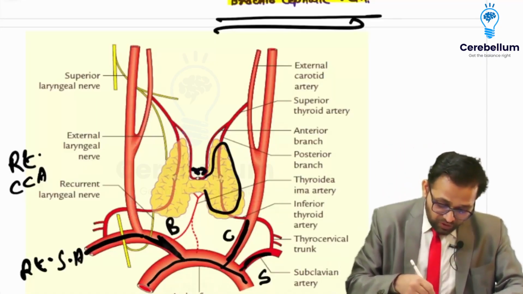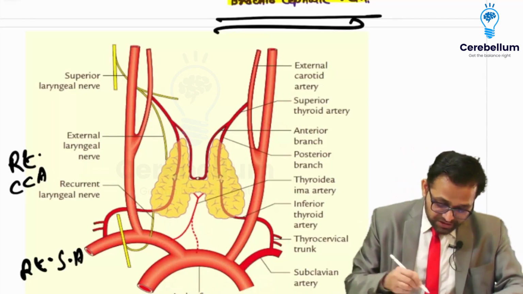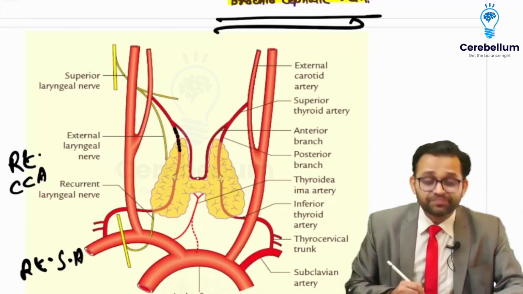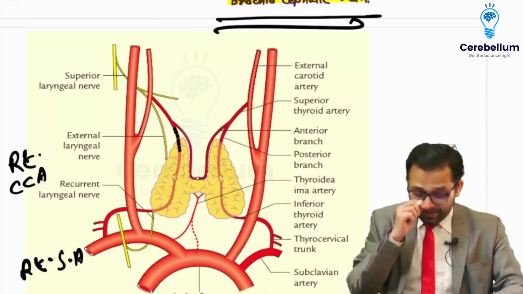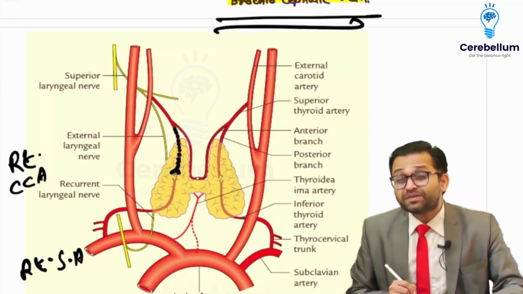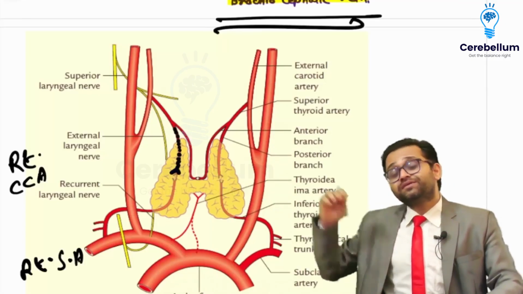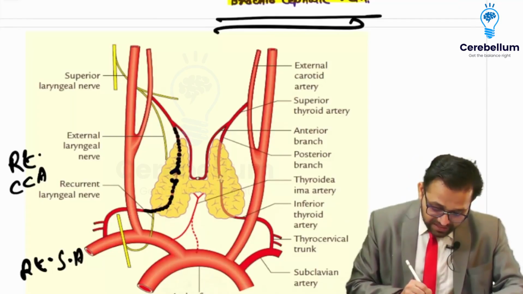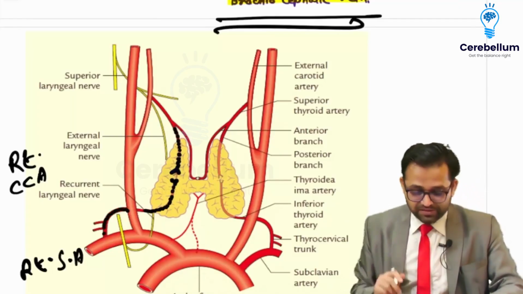Now look what is happening with the posterior division. This posterior division is running posteriorly along the posterior border of the thyroid gland, and it is anastomosing with our inferior thyroid artery, which is coming from the thyrocervical trunk.